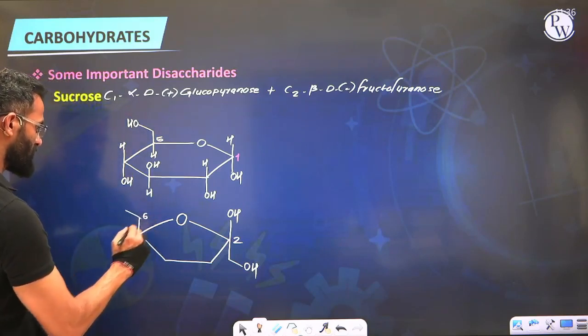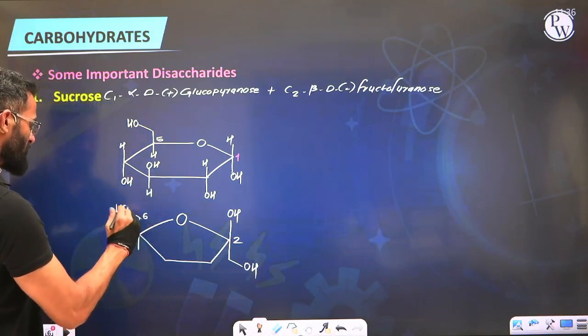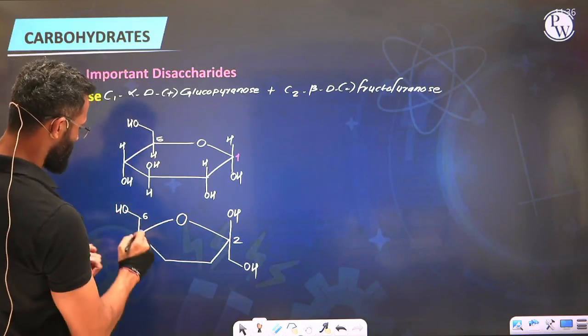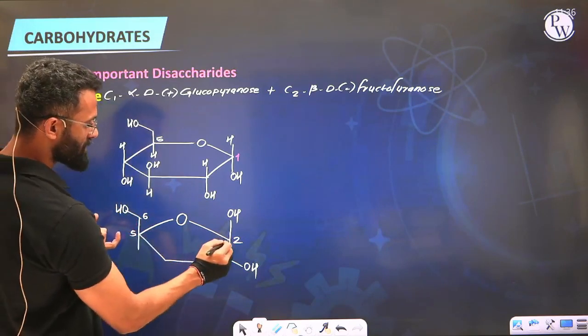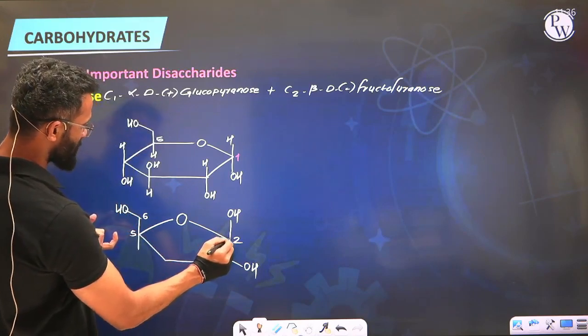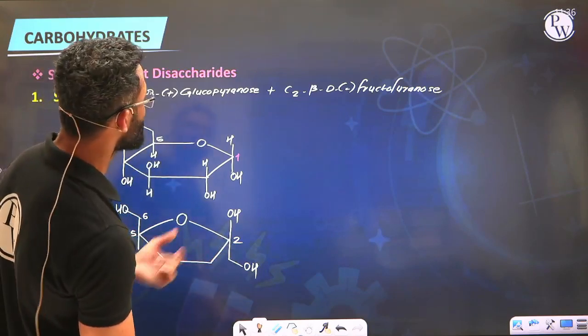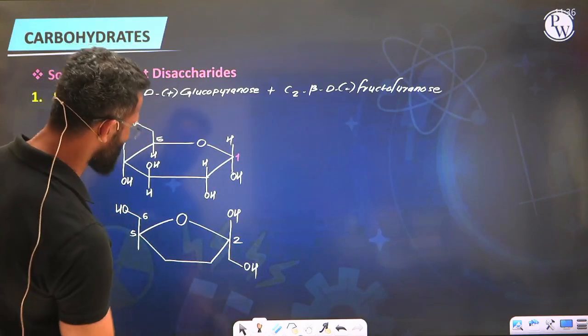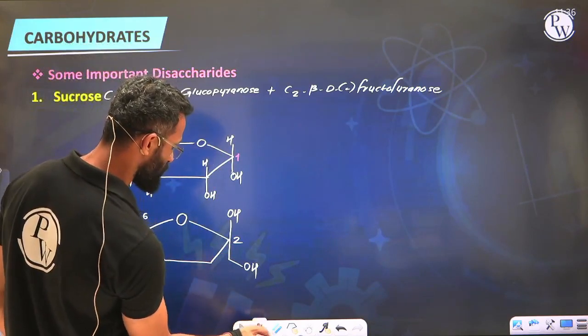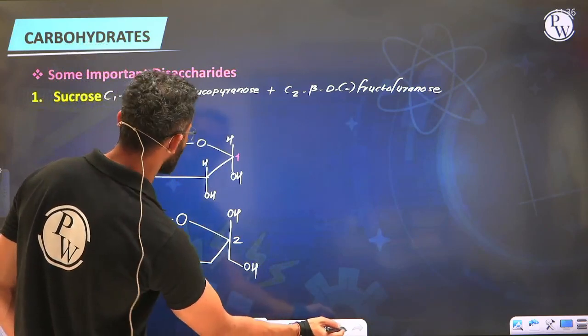This is carbon number 6. So see, in case of beta, CH2OH at 5th and CH2OH at 2nd, since they're talking about the beta form. Alright, so in beta, these 2 have to be on the same side. Alright guys, hold on. These 2 have to be on the same side.